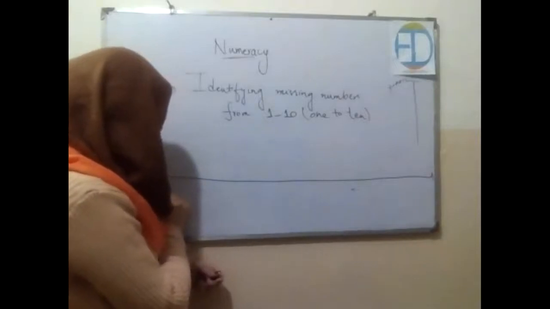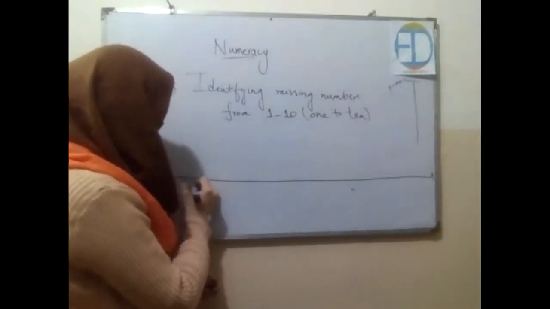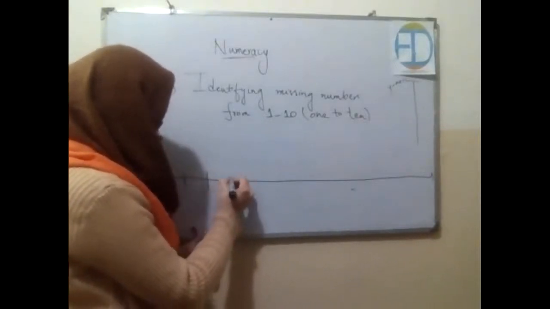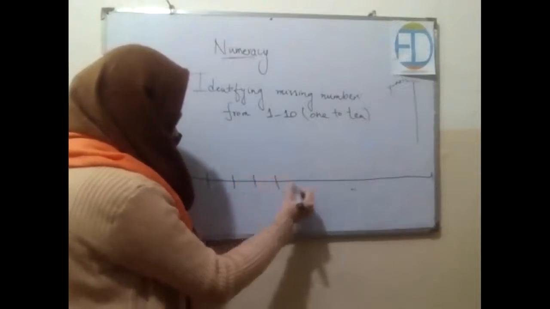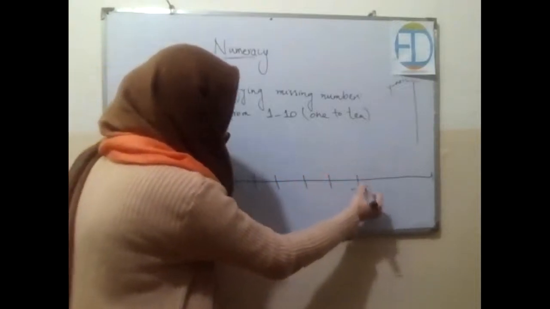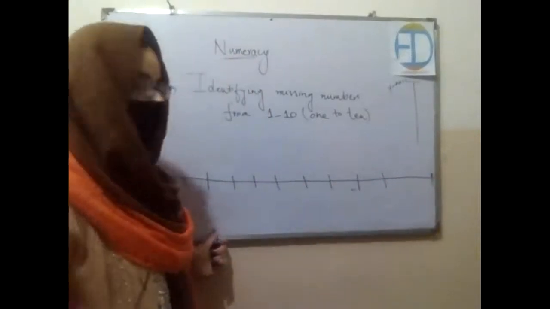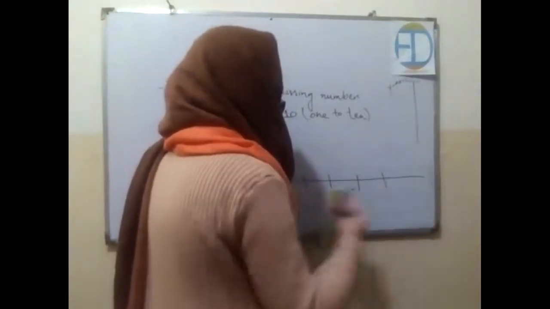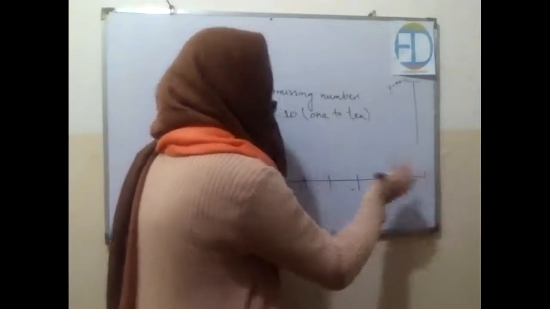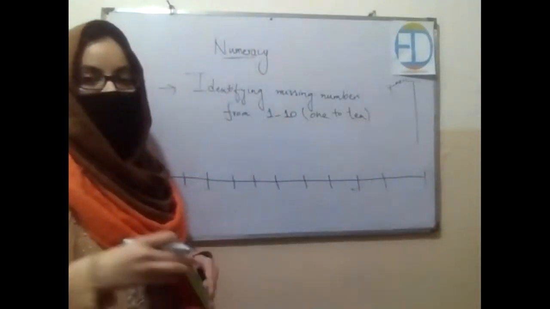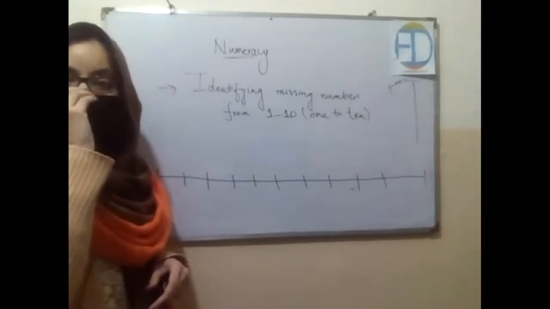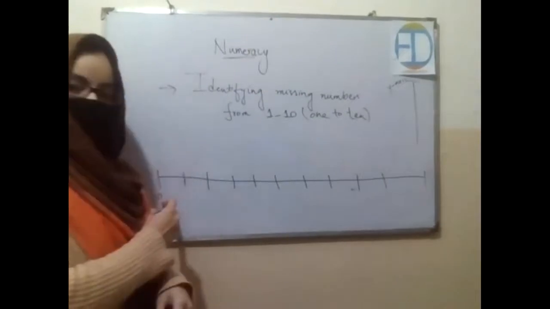I'll just write a 0 over here. I'm making these lines clearly. I'll be asking you to skip a number of places and tell me what will come after that. Okay, let's see. I have written 0 over there.